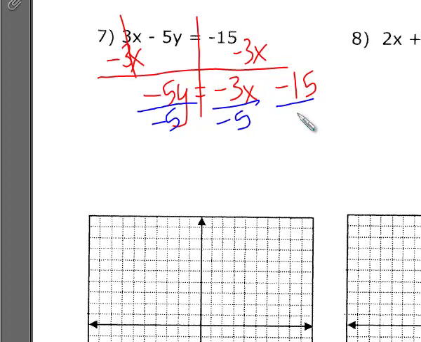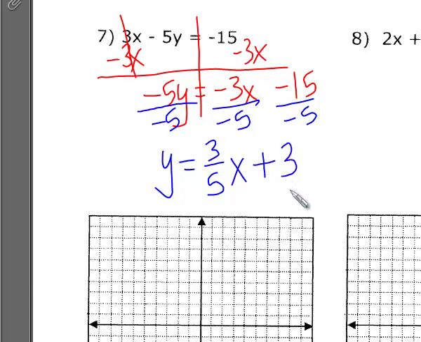So on the left side, I just have y left over. On the right, I have negative 3x divided by negative 5. So negative divided by a negative is going to be a positive, but my 3/5 cannot be reduced any further. So I have a positive 3/5 x. Negative 15 divided by 5 gives me a positive 3.